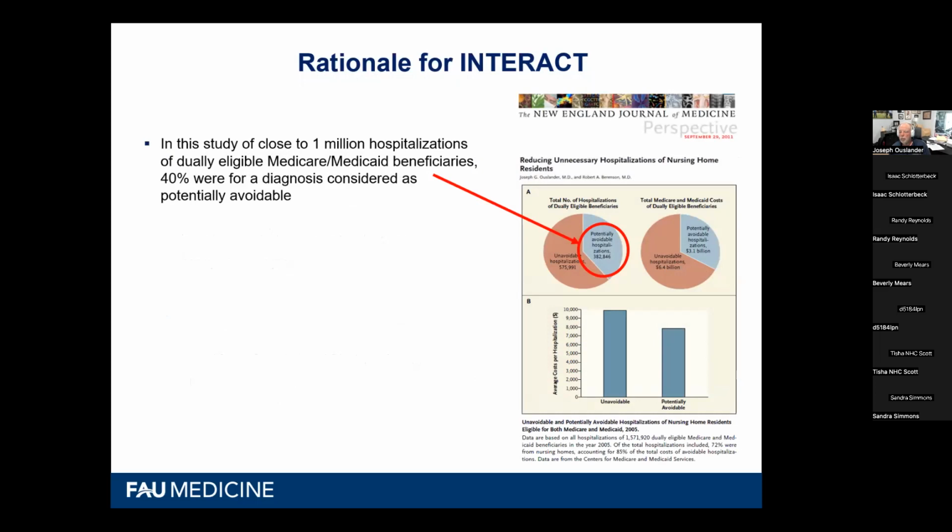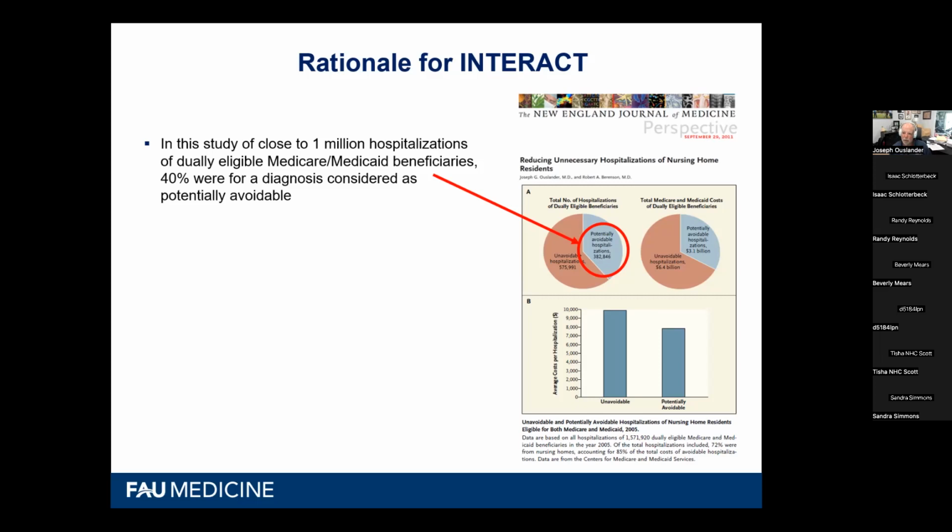So we did a study, kind of a database study. I was asked to work with CMS, and we did it on dually eligible Medicaid beneficiaries. And it was about 1 million hospitalizations. And we did this by rating diagnoses as potentially avoidable. And there are real pitfalls with that.